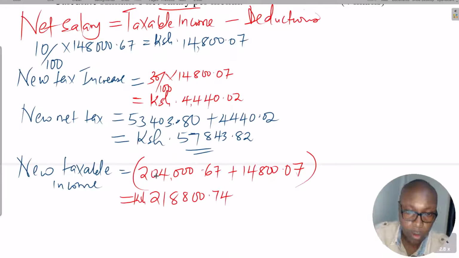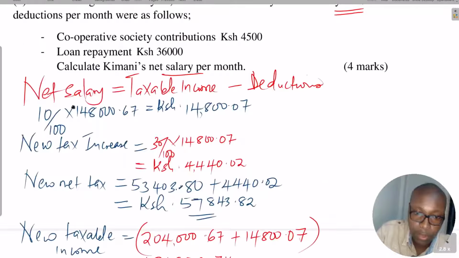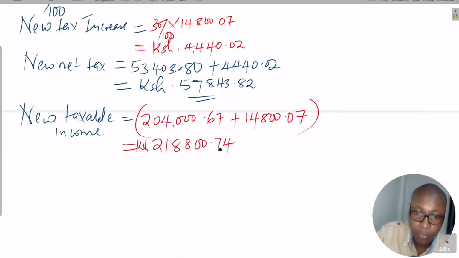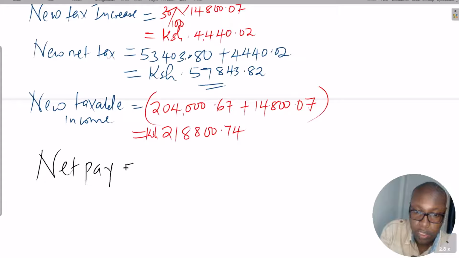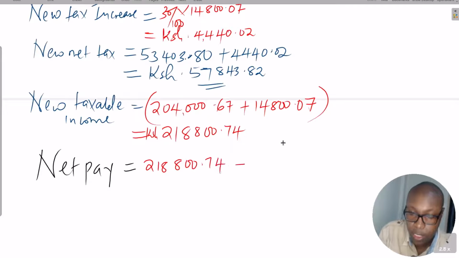So now we have all the tools that we need to get the net pay. Remember, we said the net salary is given by taxable income subtract all the deductions. So net pay will be given by the new taxable income, 218,874 cents, then minus all the deductions.